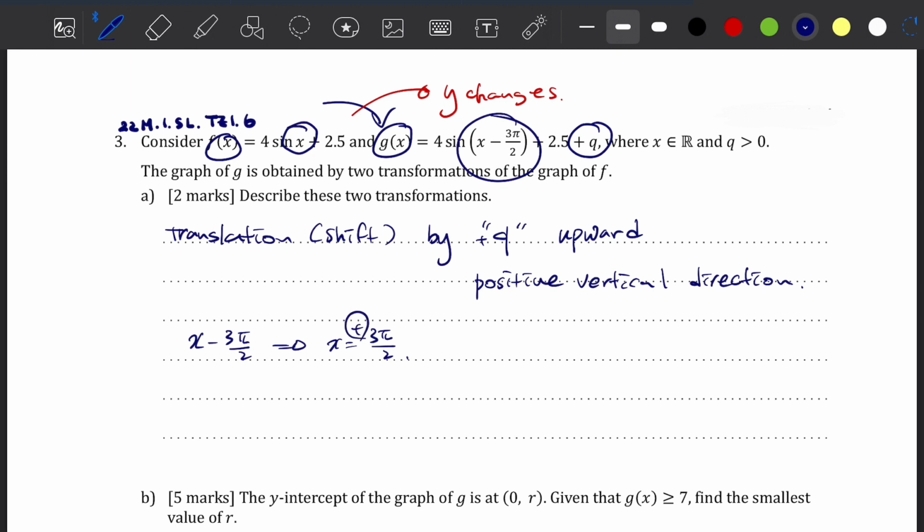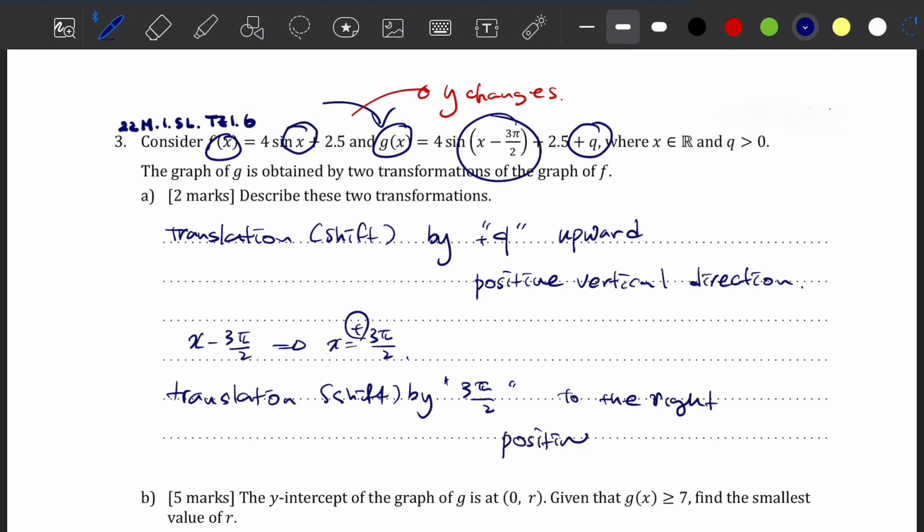So this is a translation or the shift by 3 pi over 2 to the right because it's a positive horizontal direction.